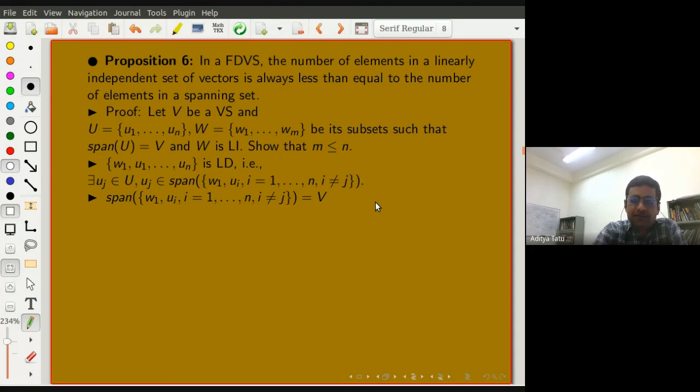The same thing can be done by now including w2 in this spanning set. If I include w2 in this spanning set, this will also be linearly dependent.